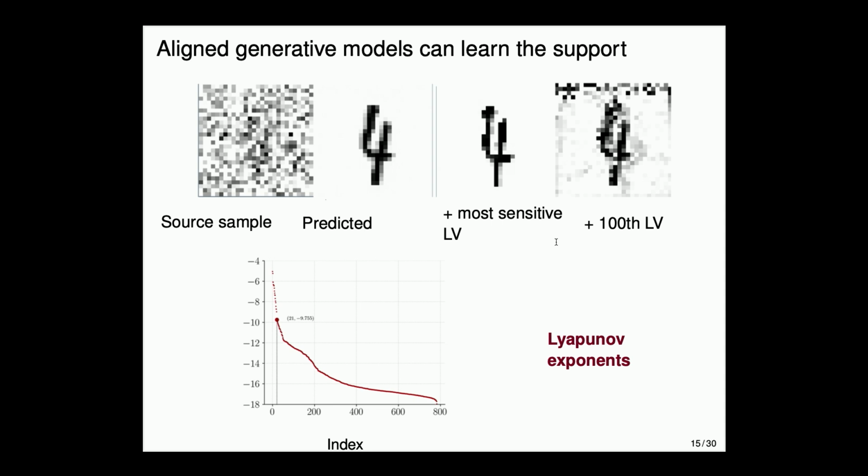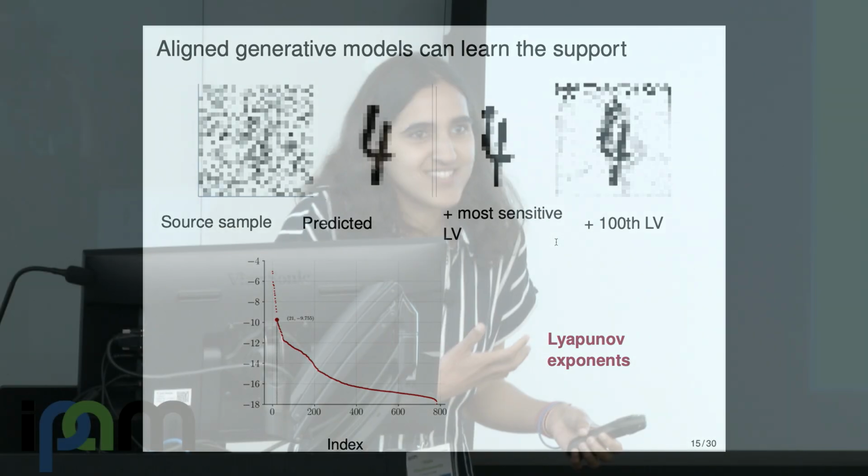These correspond to errors off the manifold, and the most sensitive exponents correspond to moving along the manifold. So there are mistakes of the density on the manifold, but you still get digits from this diffusion model. So this is all well and good.